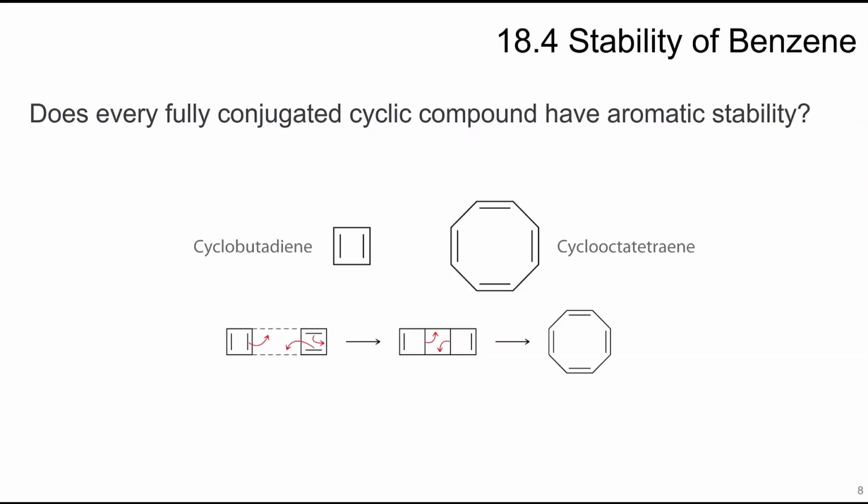So we saw in the last slide that cyclooctatetraene does react, and we saw that it was fully conjugated, but it reacted with bromine, whereas benzene didn't.